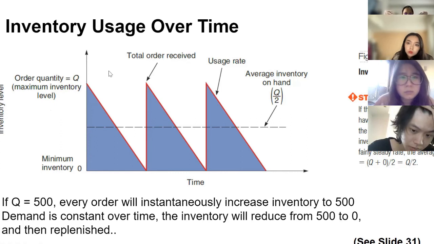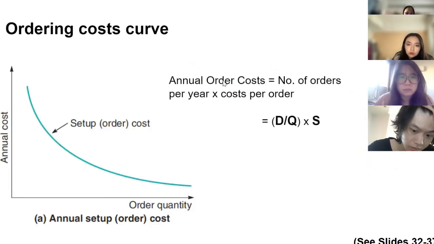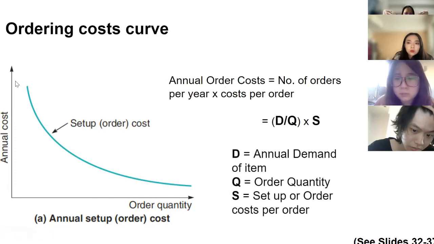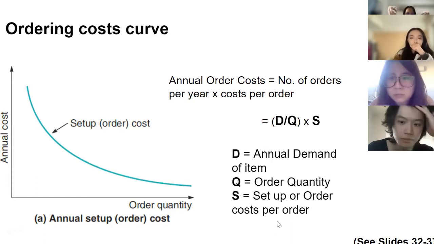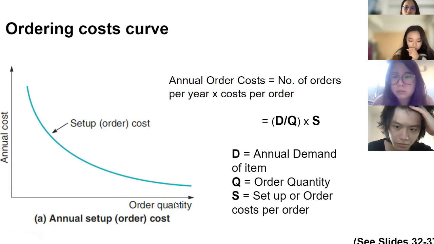So this is the inventory usage over time. The ordering cost curve is given by this curve, the annual setup cost. The more times you order, the higher the cost is. The fewer times you order, the lower the setup cost, because you order more each time.